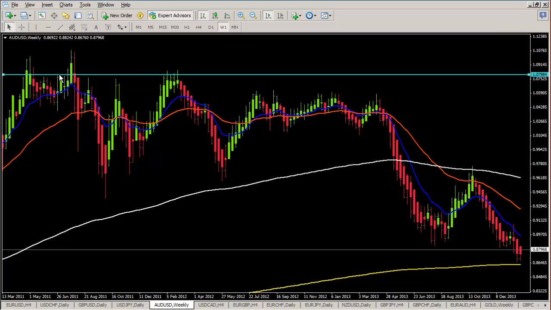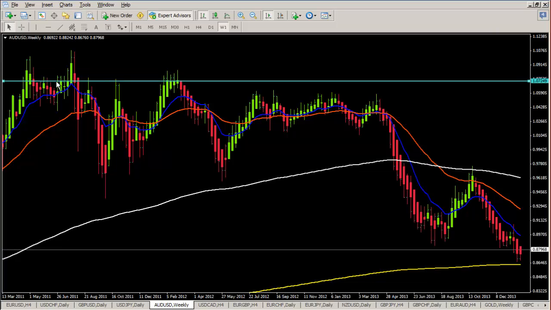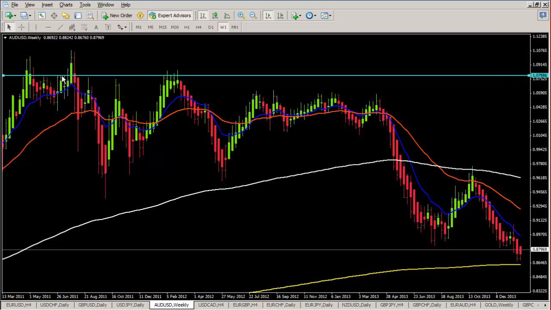Instead of drawing like 3, 4 lines, you just leave one at the area where you have the most touches, and then you know that this whole area is resistance. Is it okay so far? If you want to connect those lines, in order not to forget, you can draw a line like this with these 2 touches as a reminder.